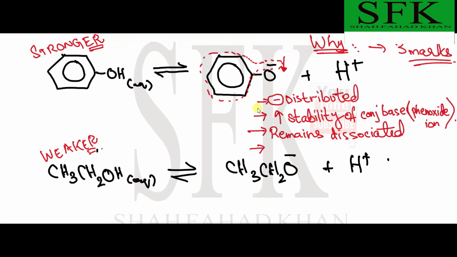Increase in stability of the conjugate base would mean that the base has become a more stable and weaker base. It is a weaker base because it is less likely to accept the proton and form the undissociated phenol again. So the phenol remains dissociated and hence it is stronger.